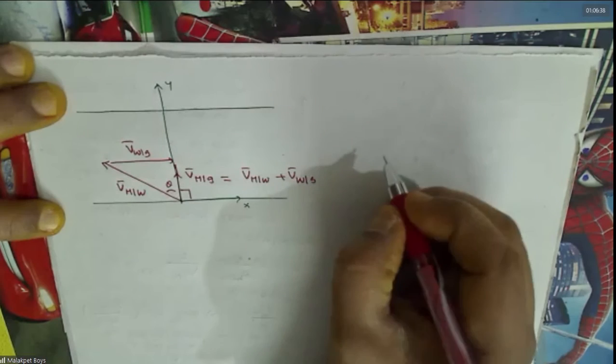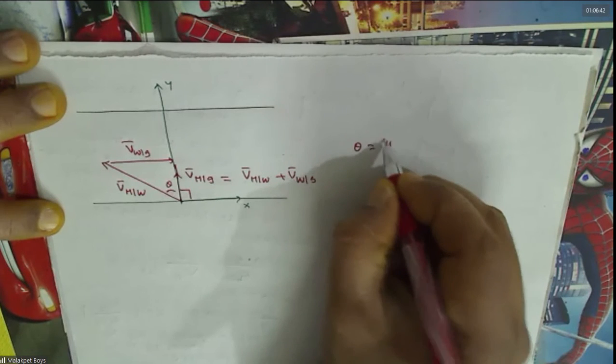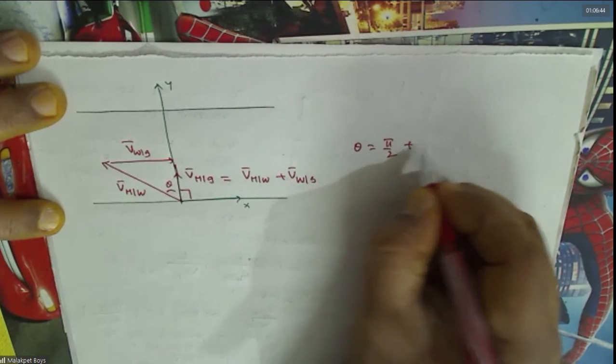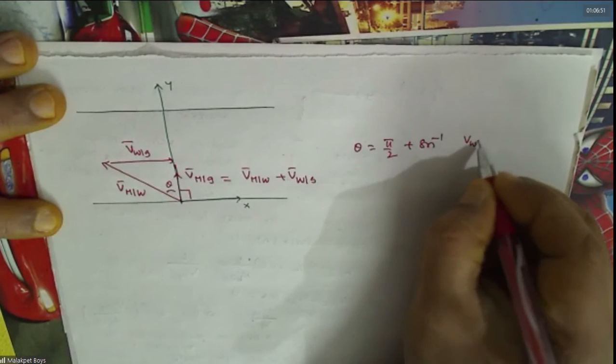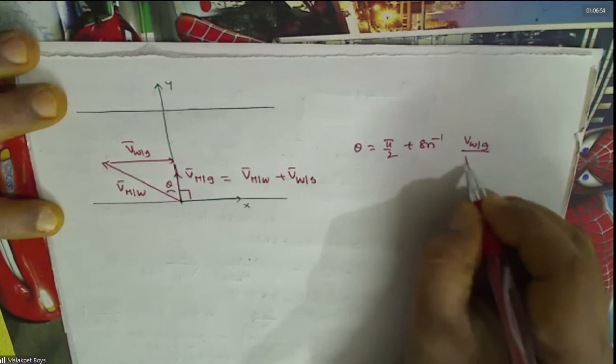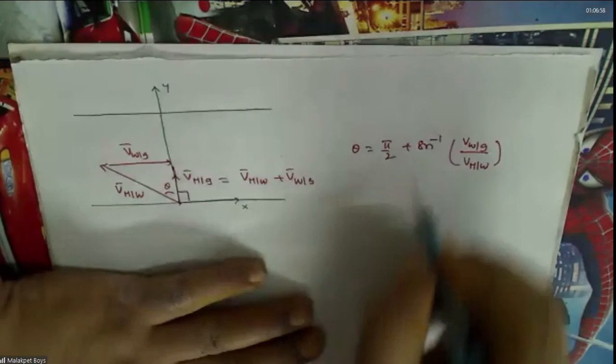So you have seen that theta is pi by 2 plus sine inverse of the velocity of water with respect to ground over the velocity of man with respect to water. Now, what is the value of sine?